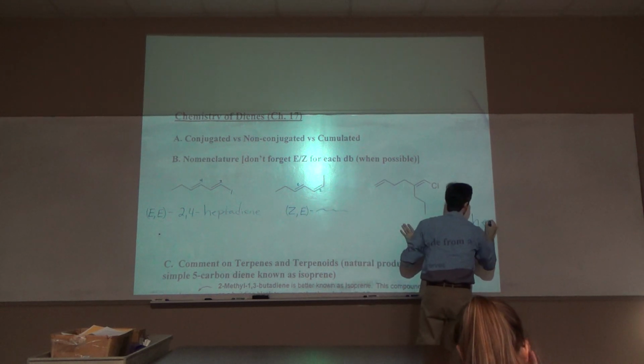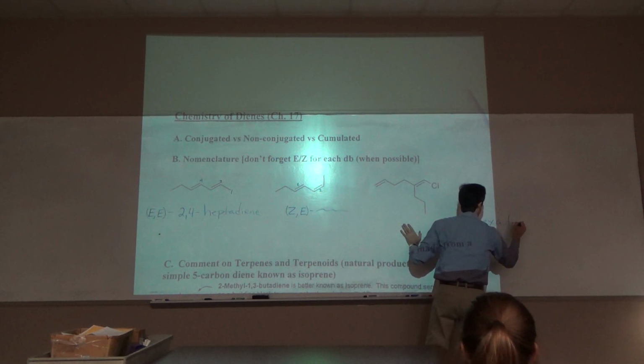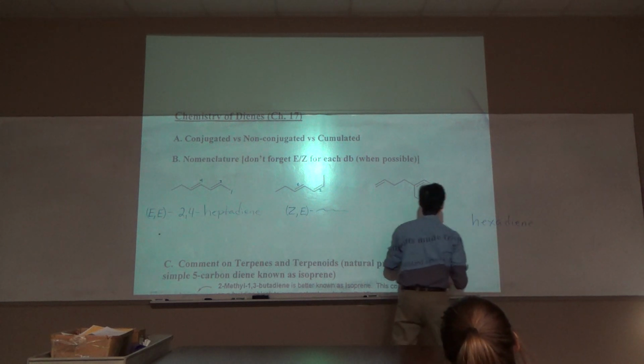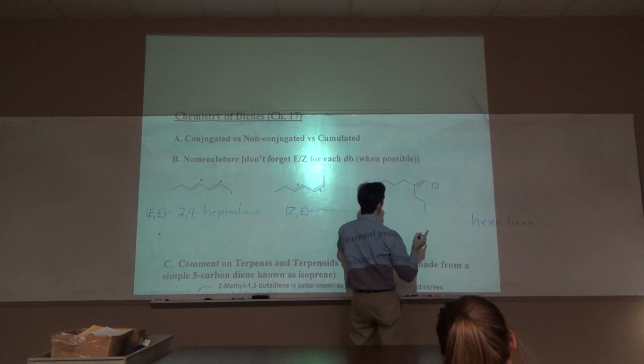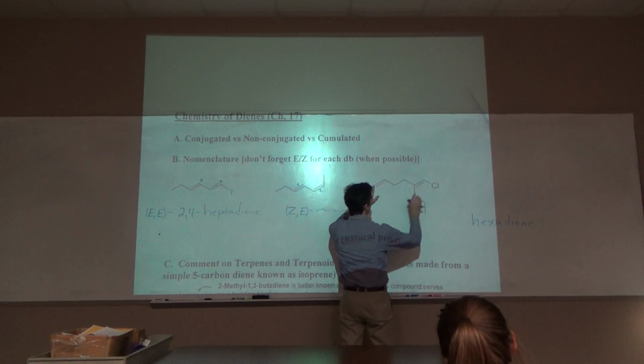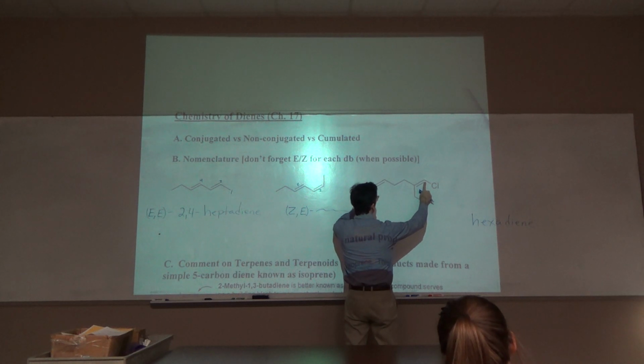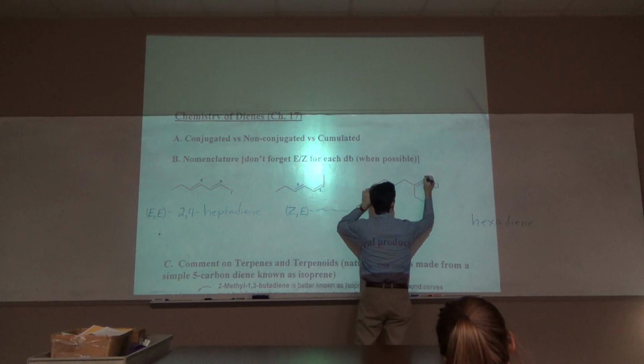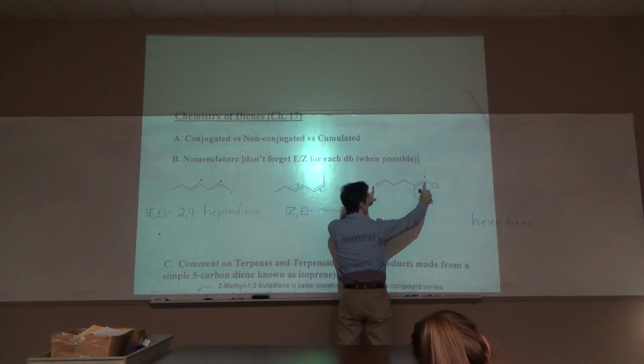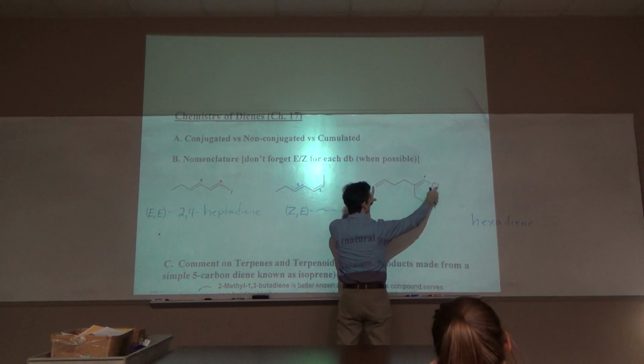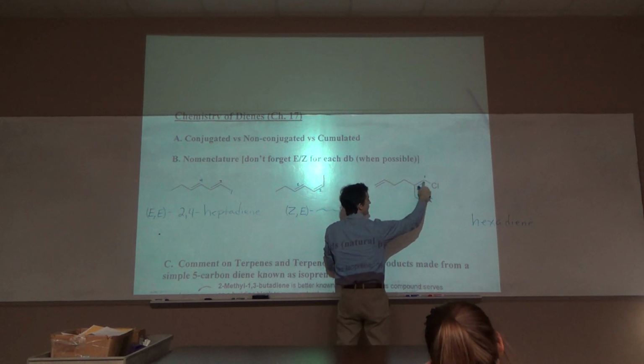We have a hexadiene. What's the one position? Is it on the left or the right? It'll be over here. Either way you go, the first alkene's at the 1 position. But if you do it over here, the chlorine is also at the 1 position.